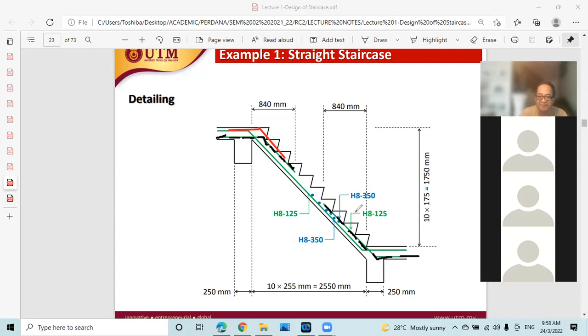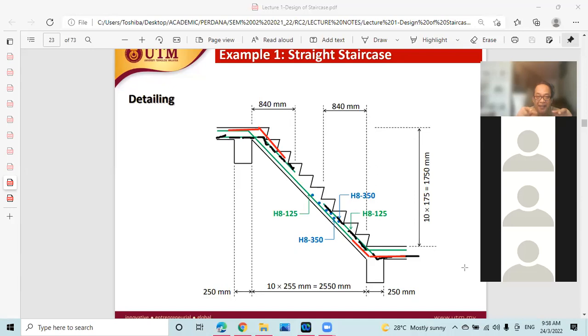Okay, as shown. Only here there is a small gap between the green reinforcement and the black one. So I would recommend that we close this gap with our main reinforcement. So this is basically the detailing based on the reinforcement that we have designed, H8125.